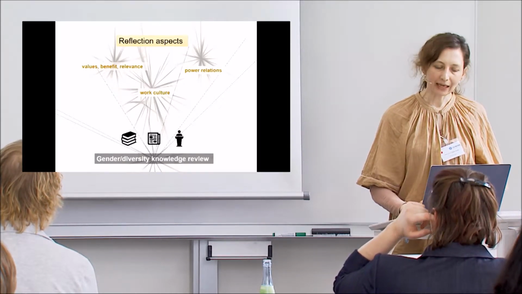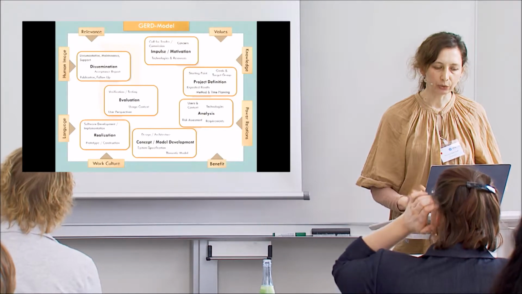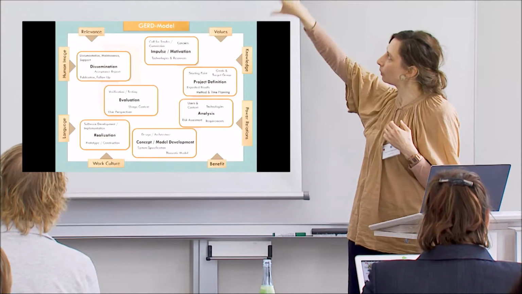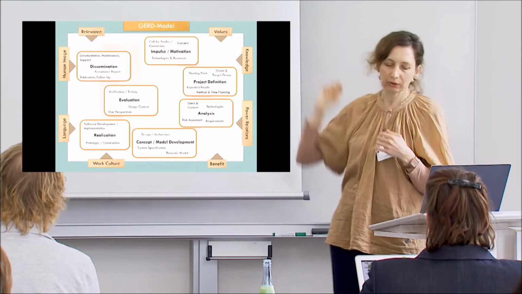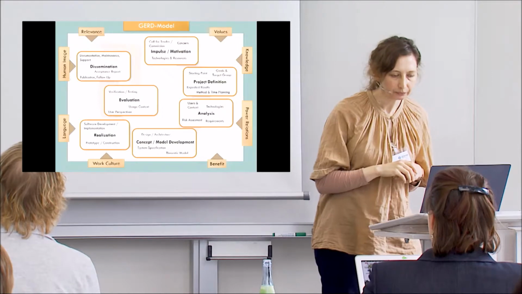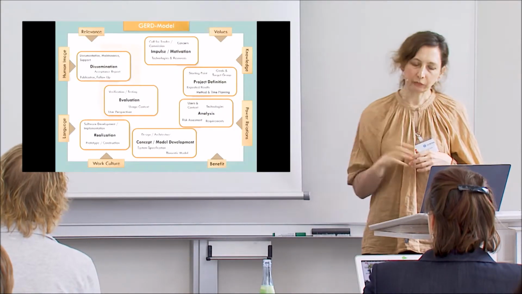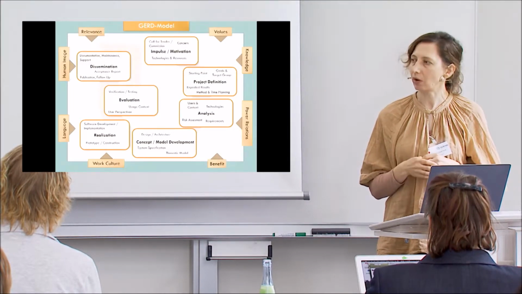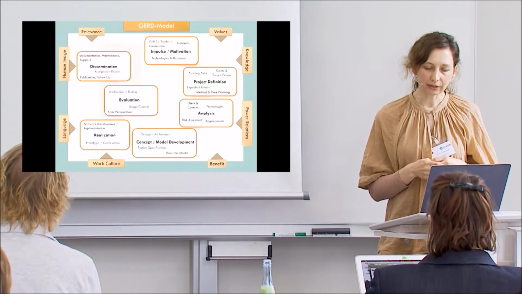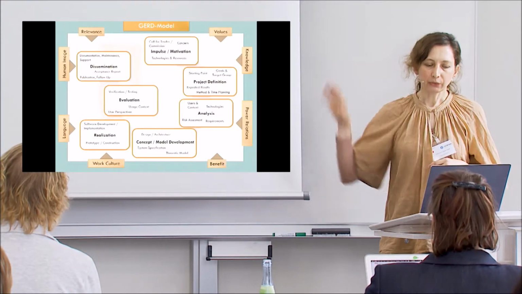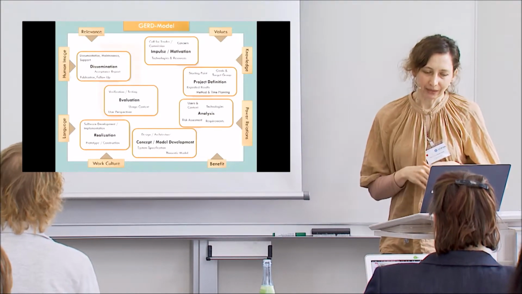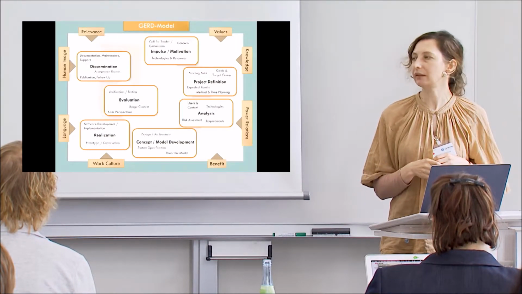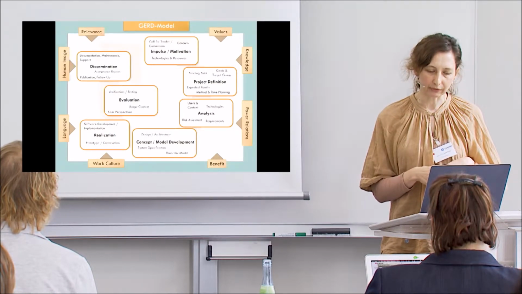The next slide shows you an overview of the framing of the core phases with the reflection aspects. The reflection aspects are depicted here as the social frame that always already informs technological development. The reflection aspects you see here are not assigned to a particular phase, but they inform and influence activities in all phases of the process.